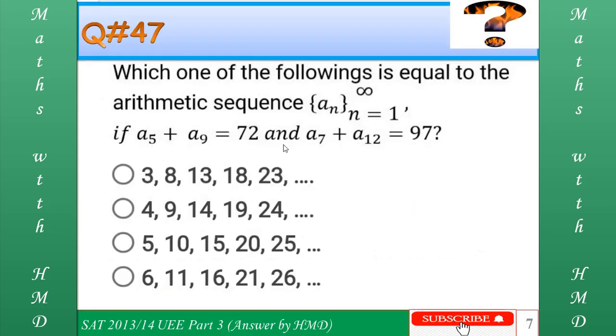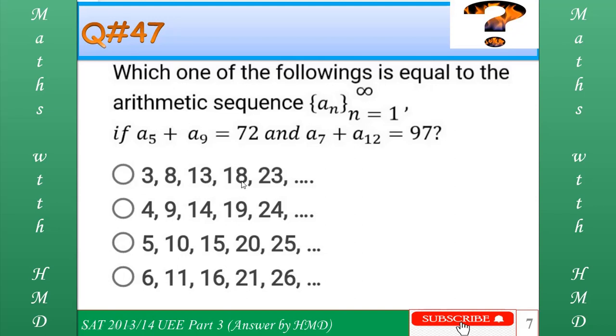Let's continue with the next question, which is question number 47. It says, which one of the following is equal to the arithmetic sequence if A5 plus A9 is equal to 72 and A7 plus A12 is equal to 97.